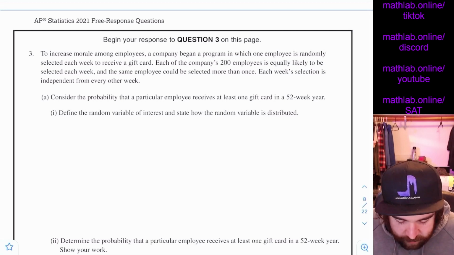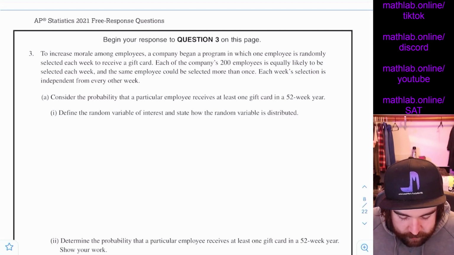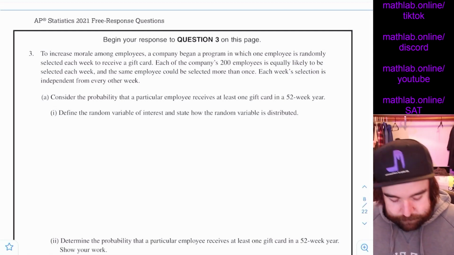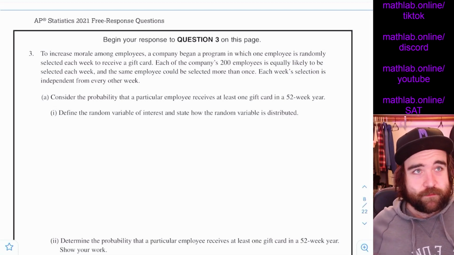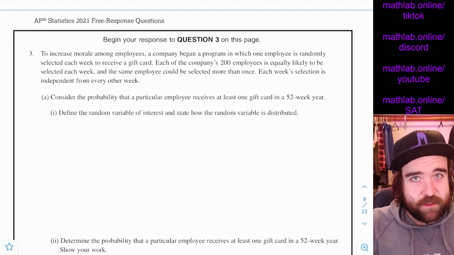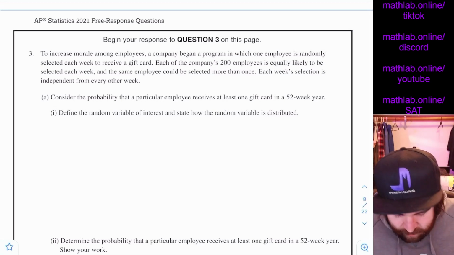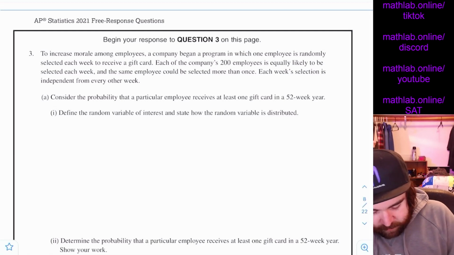Okay, define the random variable of interest and state how the random variable is distributed. Well, that's geometric, actually, then, because we have a fixed number of things, and we're talking about number of successes. It's like a geometric CDF type of thing. So define the random variable of interest.